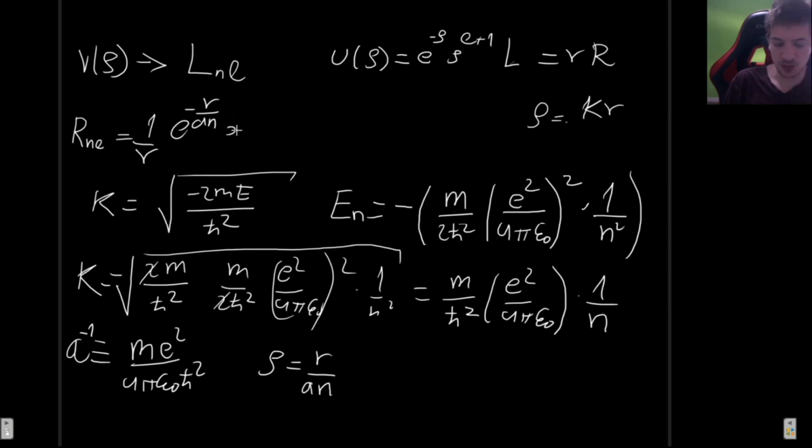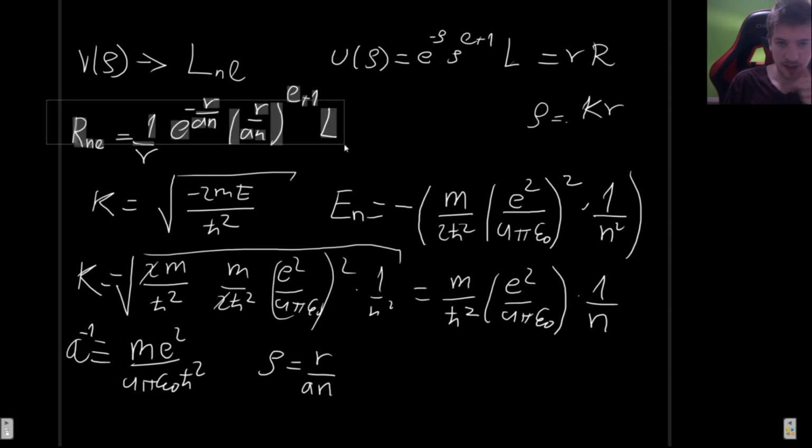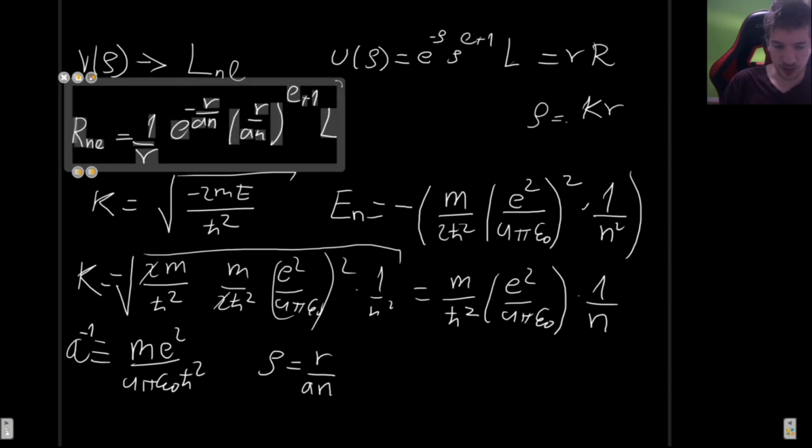Then we have rho to the L plus 1 power. What is rho? It's r over a n to the L plus 1. And finally, we have these Laguerre polynomials, which we will have to evaluate with rho as r over a n. But we can just write them as the Laguerre polynomials. Okay, so this is our solution. This right here is what we were looking for. This is the solution to the radial equation.